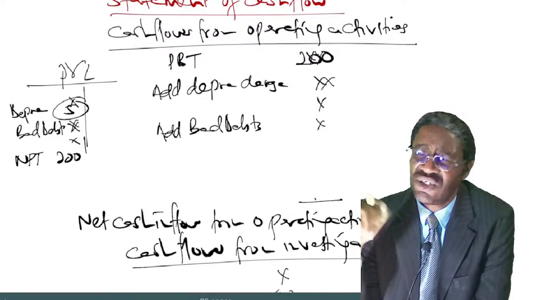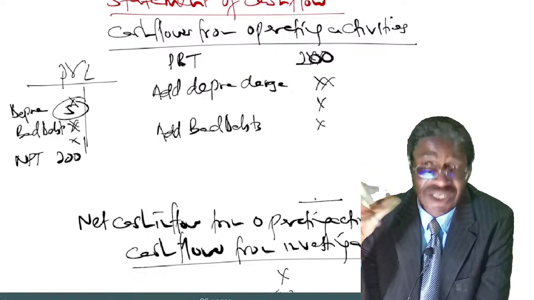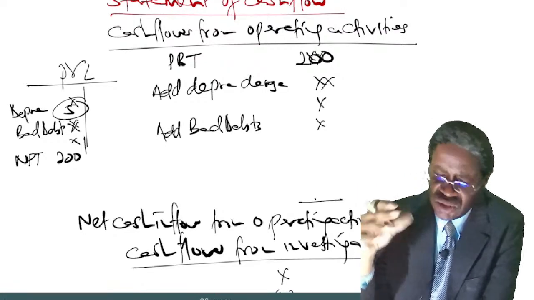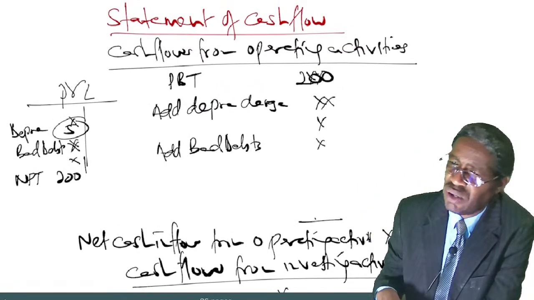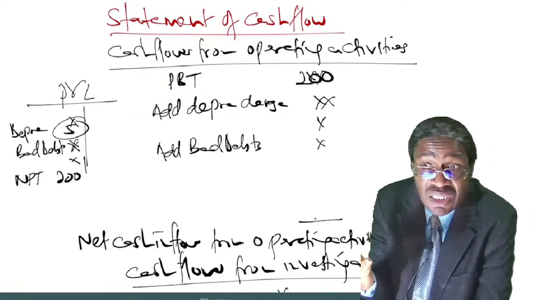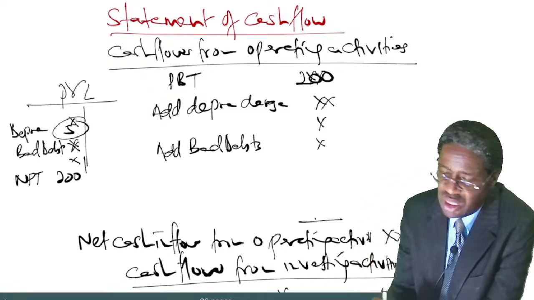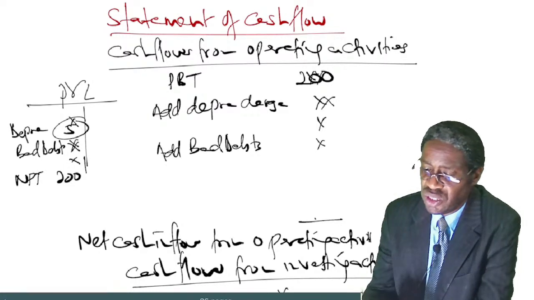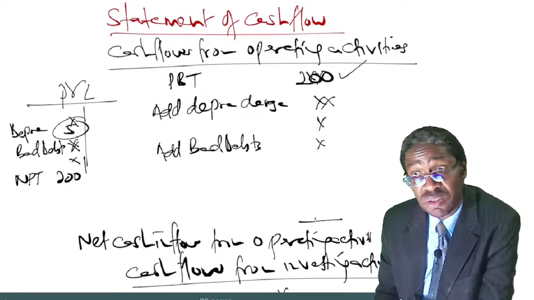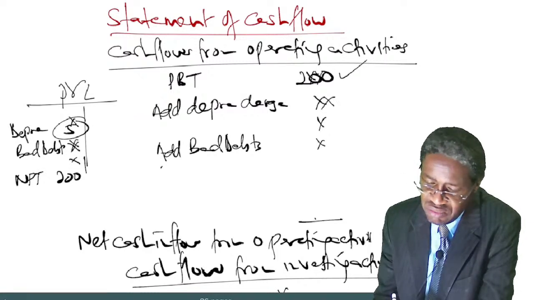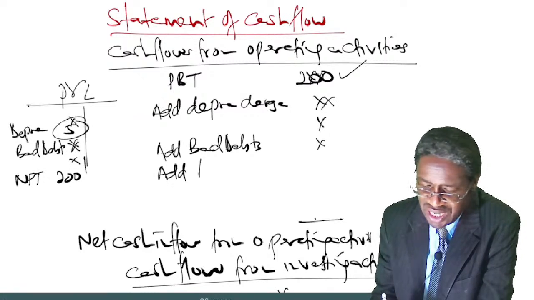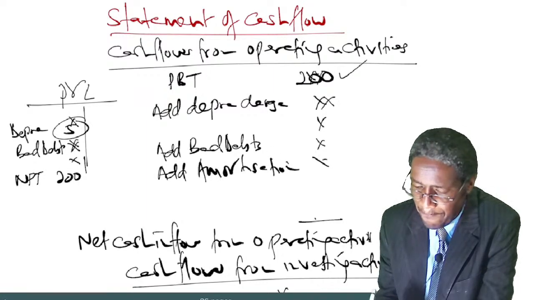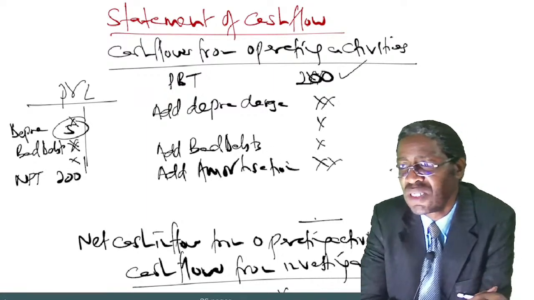When you amortize, you must have debited P&L account, yet you never paid anything in terms of that amortization. Automatically, from the cash point of view, that makes the profit wrong. So we adjust it by coming again and adding that amortization amount. Good. Another one.